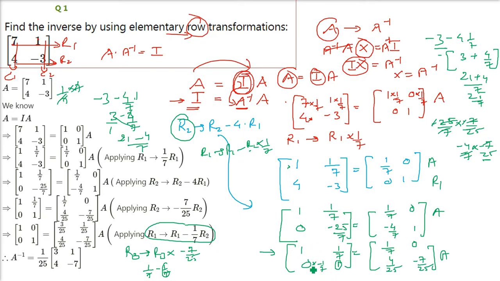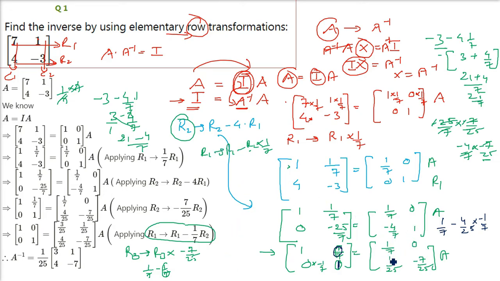But the second thing which we actually wanted to become 0, 1 by 7 minus 1 into 1 by 7, that is going to be 0. Now this also gets changed. 1 by 7, 4 by 25 minus. So row 1 minus 1 by 7 minus 4 by 25 into 1 by 7.